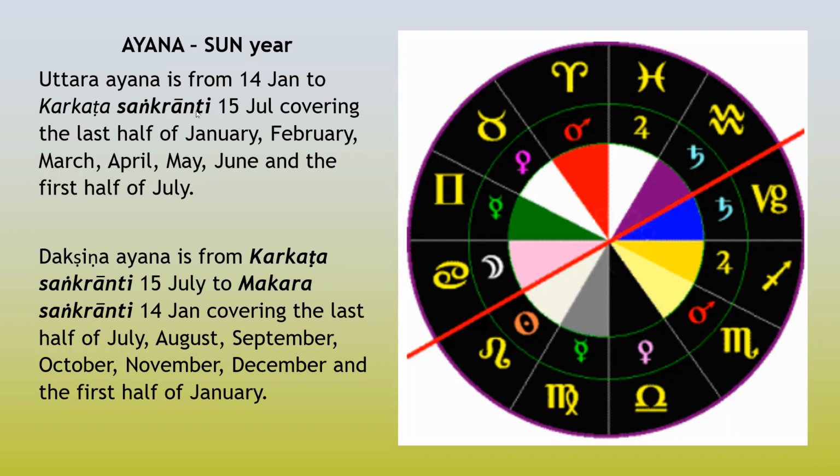Sankranti is nothing but 0 degrees of the sun when it enters any sign. And Makar is nothing but the sign of Capricorn. And that is a huge celebration all over the country. It's marked by a lot of food and feasting and all that.